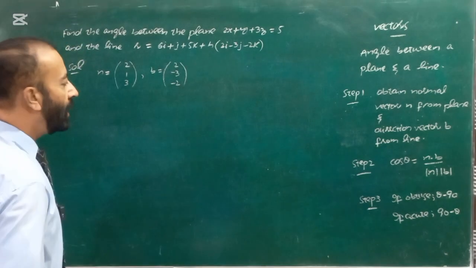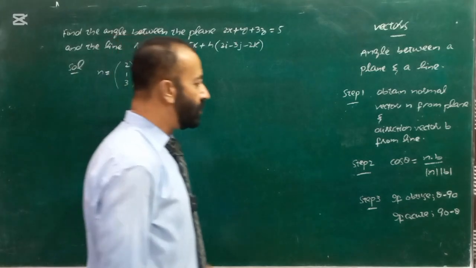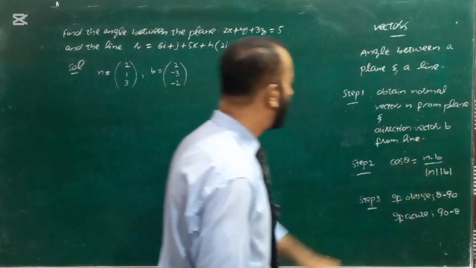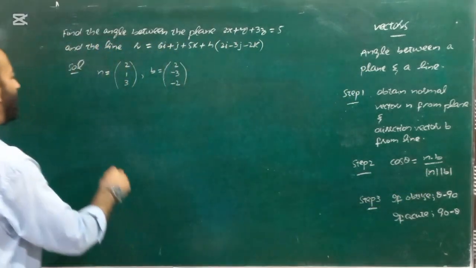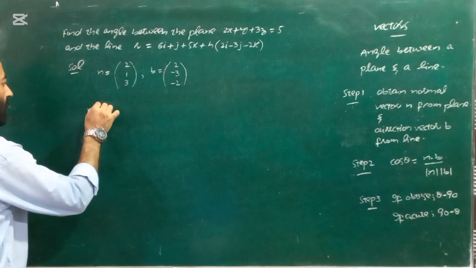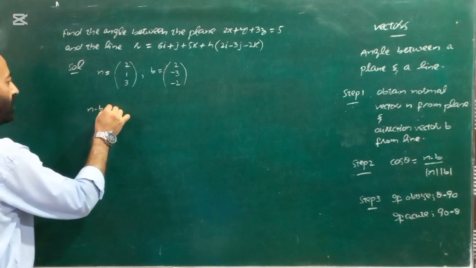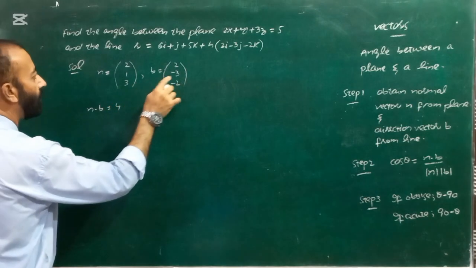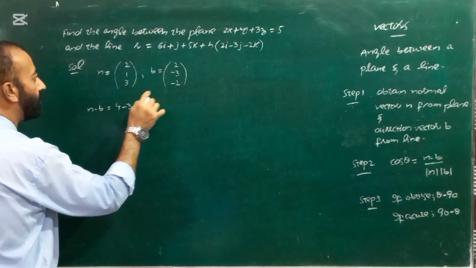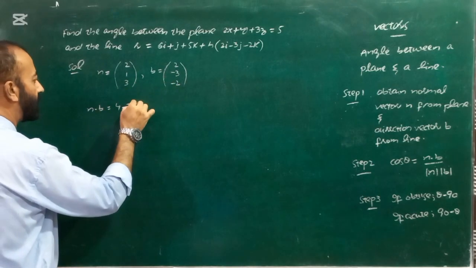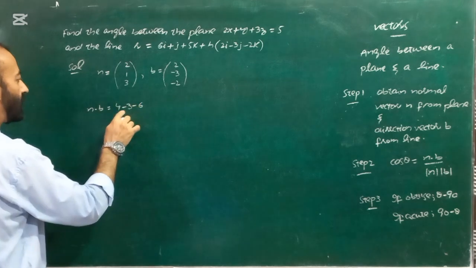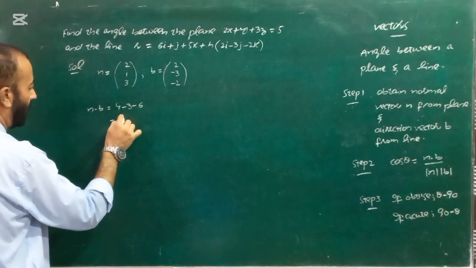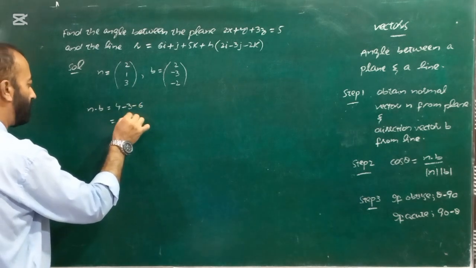Okay. The next thing that is required is n dot b. So that is 4, minus 3 and minus 6. So minus 9 plus 4 is minus 5.